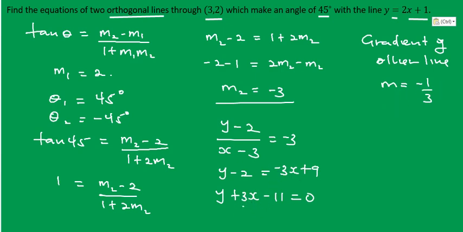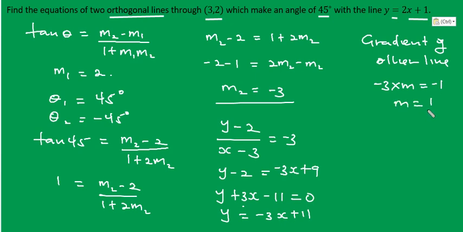No wait, this is not a negative third. This can be written as y equal to negative 3x plus 11, and negative 3 times m should give us negative 1. So the gradient of the other line is what we multiply by negative 3 to get negative 1.